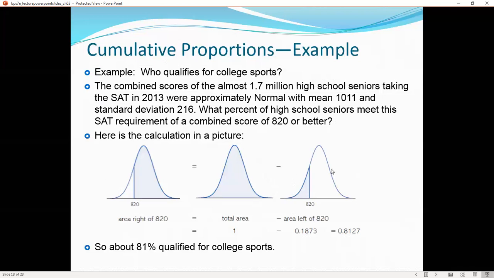They did this opposite on me. So let me regather. So we want the scores greater than 820. So that's the first image.